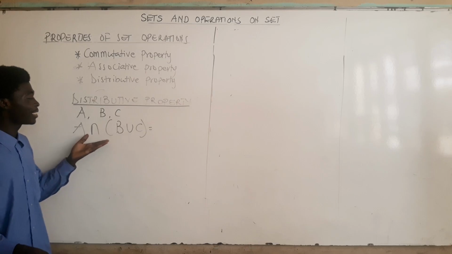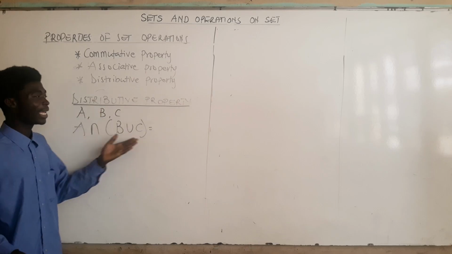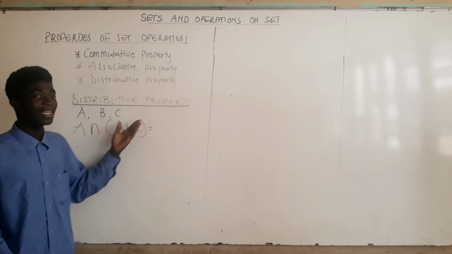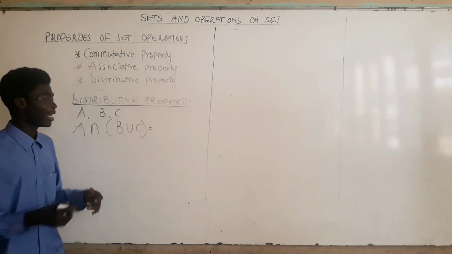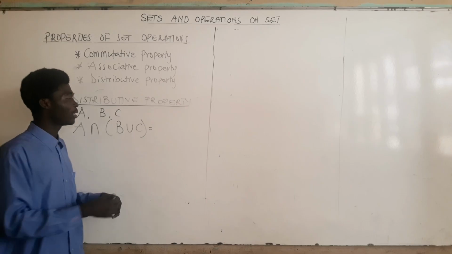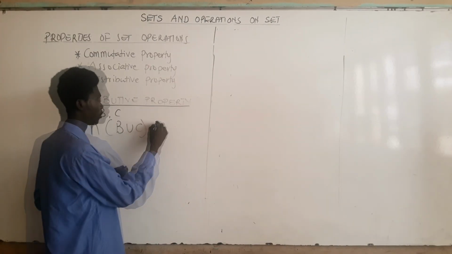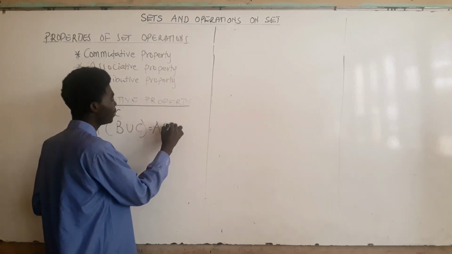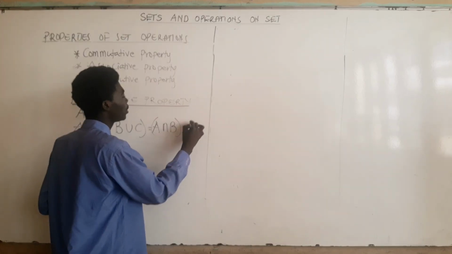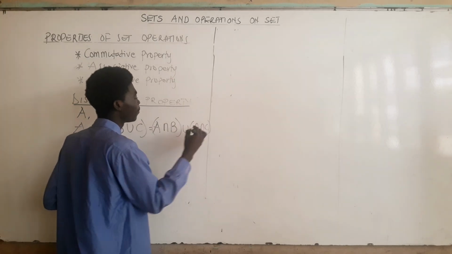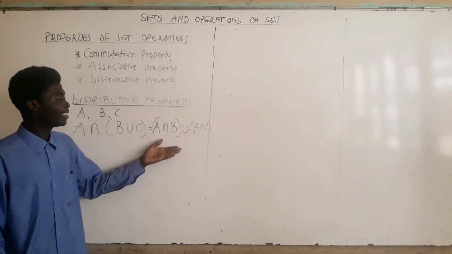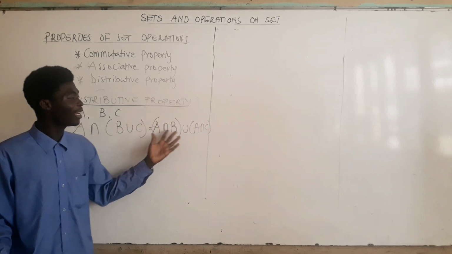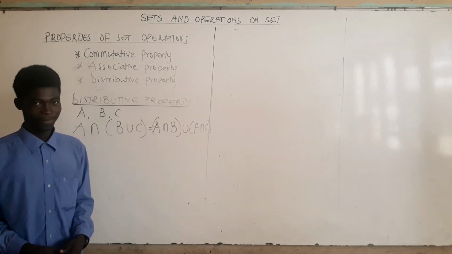So if the intersection distributes over the union, it should be the same as if the union distributes over the intersection. And that one is going to be A intersection B union A intersection C. So this one here is showing the union distributing over the intersection.